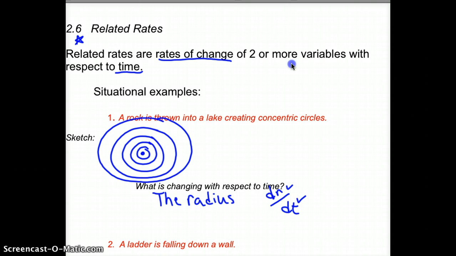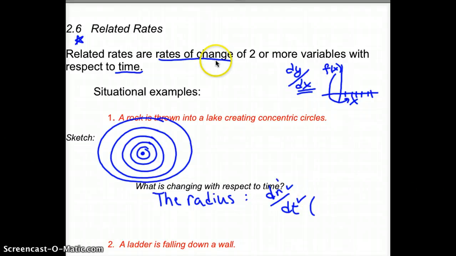Now the ones we've been working on were more generic, dy dx, but keep in mind that x is the independent variable that's changing, and y is your f of x, which is dependent upon x. It's just going to be more real world. My radius is changing, and it's dependent upon the independent variable of time.